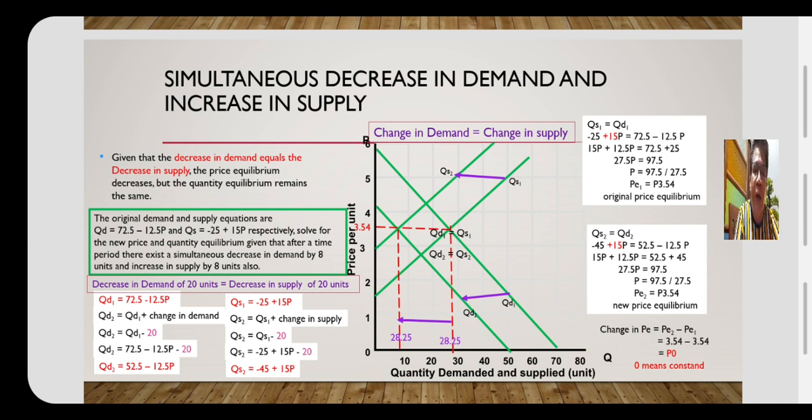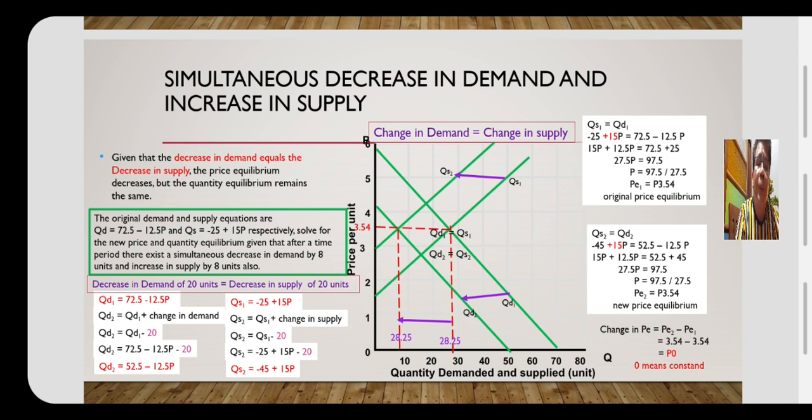Notice here that the original demand and supply equations are QD equal to 72.5 minus 12.5P, and QS is equal to negative 25 plus 15P respectively. Solve for the new price and quantity equilibrium, given that after a time period there exists a simultaneous decrease in demand by 8 units and also decrease in supply by 8 units.